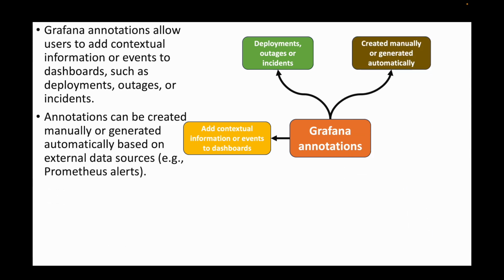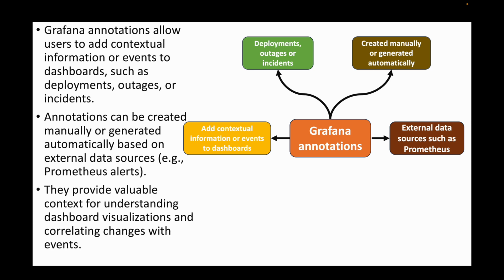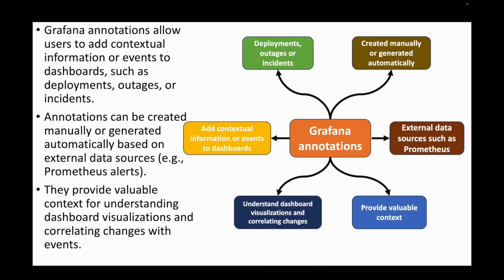Annotations can either be created manually, or we can generate them automatically based on external data sources like Prometheus alerts. These annotations provide very valuable context for understanding the dashboard visualization and also correlating changes with the events that happen within the application.